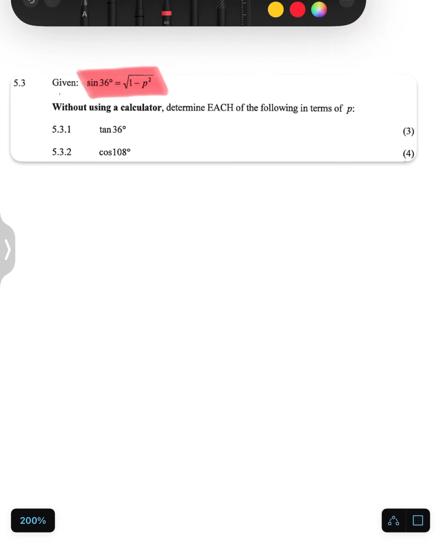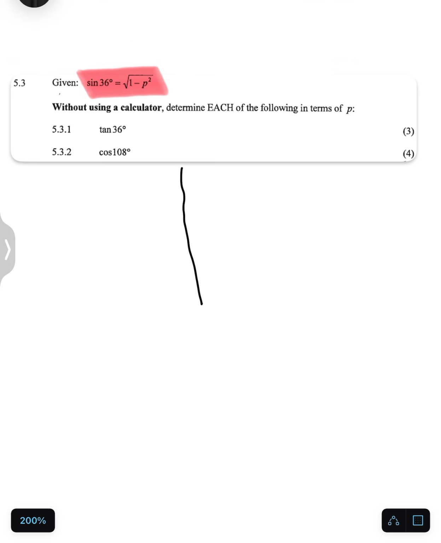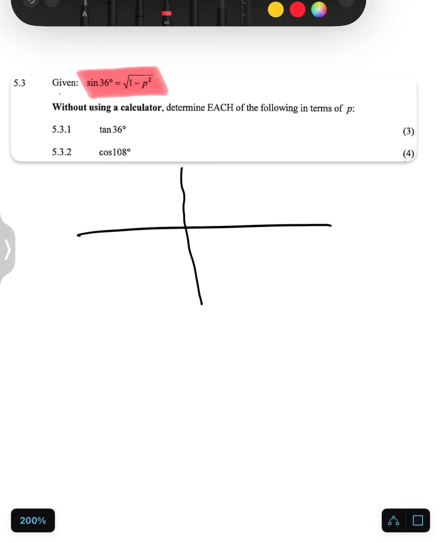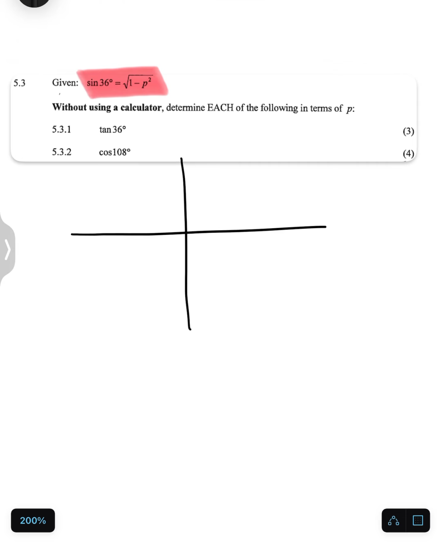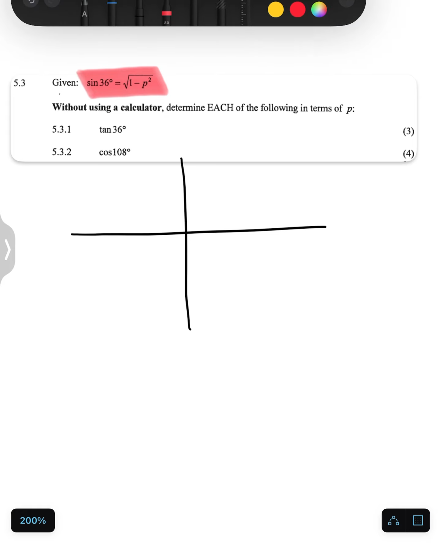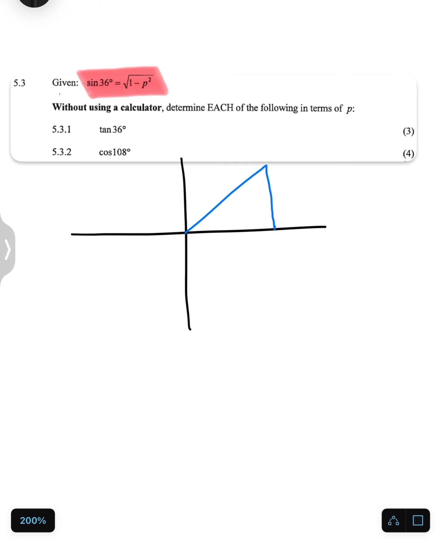So I'm just going to quickly draw that. So this is our diagram. Angle 36 will be in the first quadrant. All right, so we have 36 degrees here.